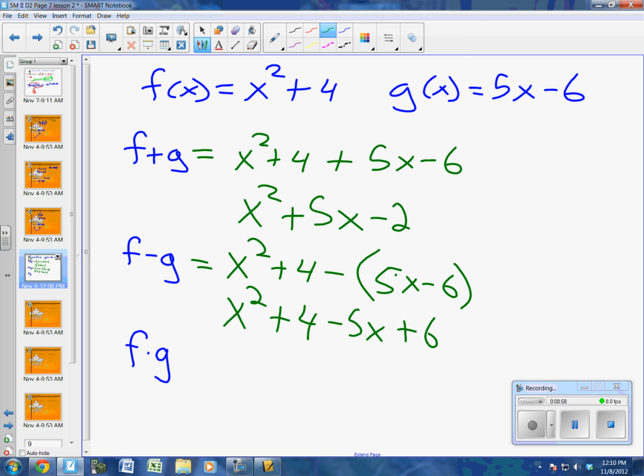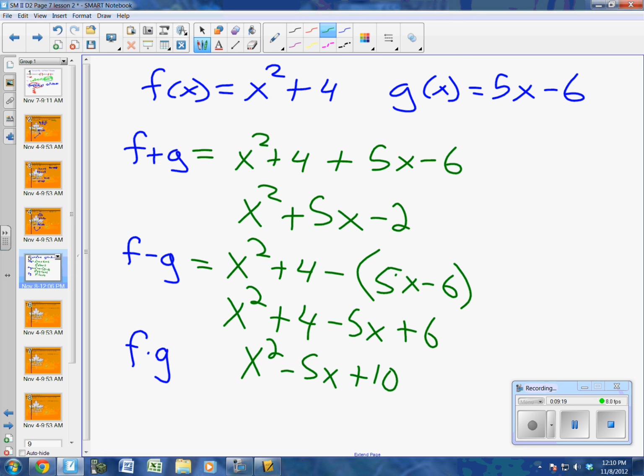It changes the signs of the 5x and the negative 6. If I combine like terms, I get x squared minus 5x plus 10. Raise your hand if that is what you got.